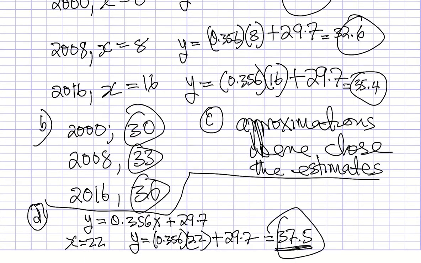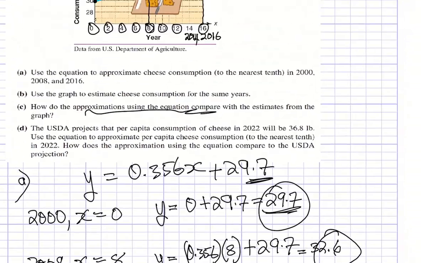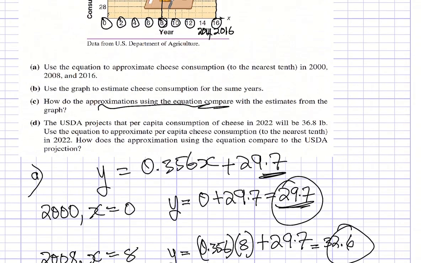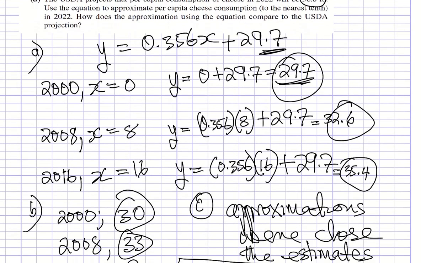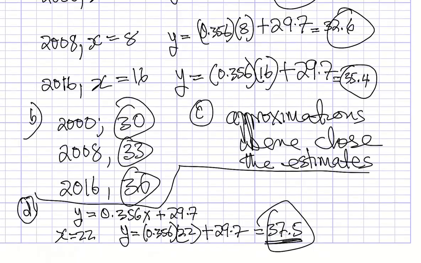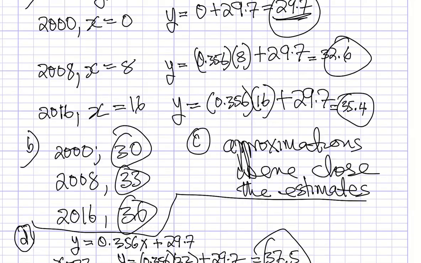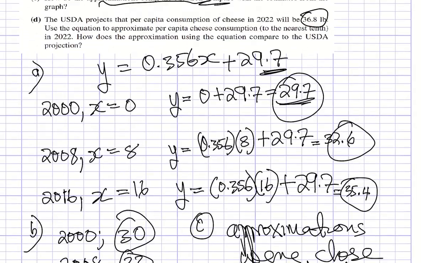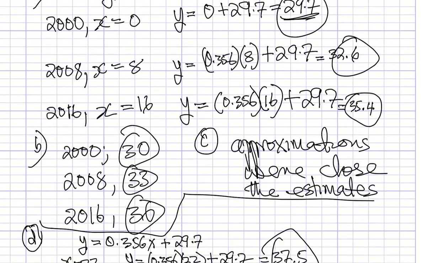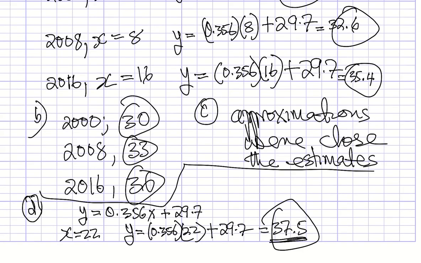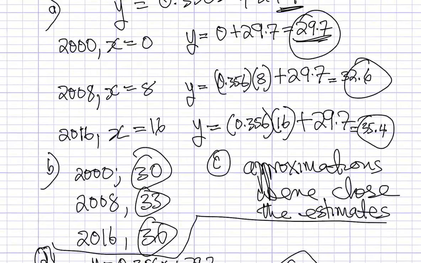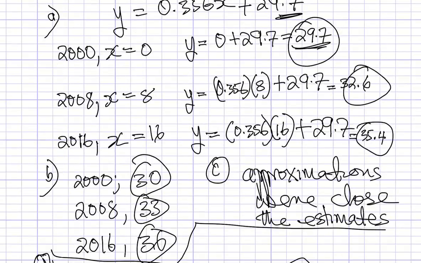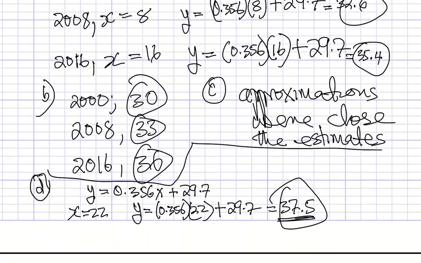See, this is what we got from approximation, and then it asks how the approximation using the equation compares to the USDA. USDA is right here. USDA is 36.8, and we got 37. So ours is higher, almost 2 points, because ours is almost 38. No, ours is a little higher.